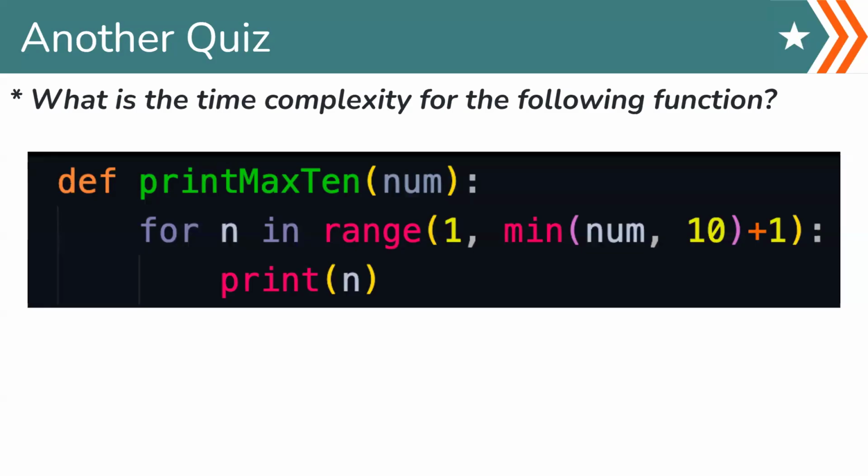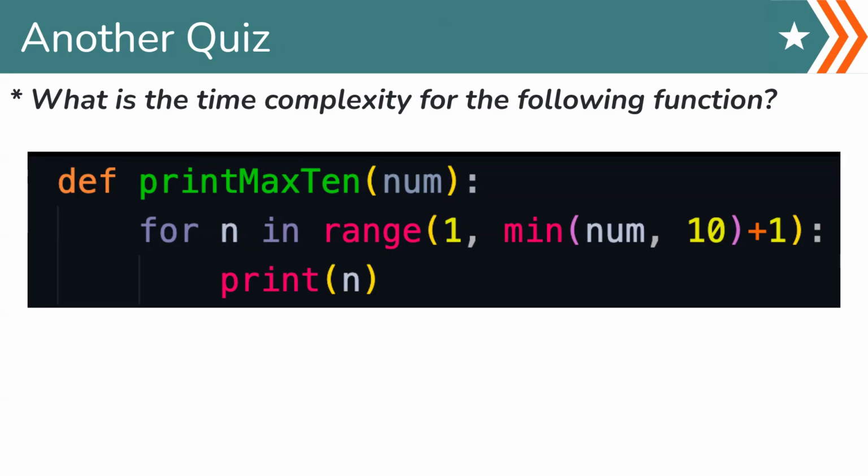Worst case scenario here is O of 10, which is a term in regards to broad spectrum, right? The broad trend is it is O of 1, because no matter what, whether num is a million, 2 billion, it will never be more than 10. It's not growing linearly. It stays constant to less than 10.